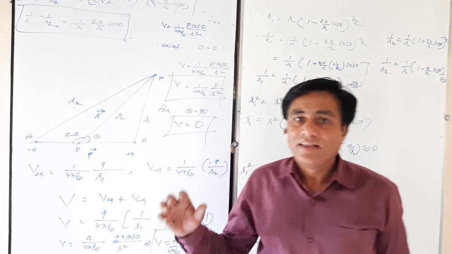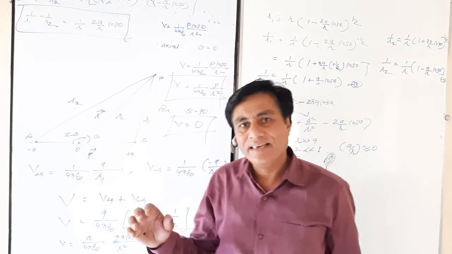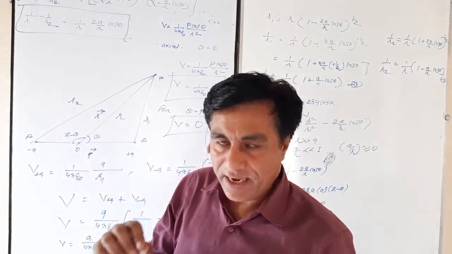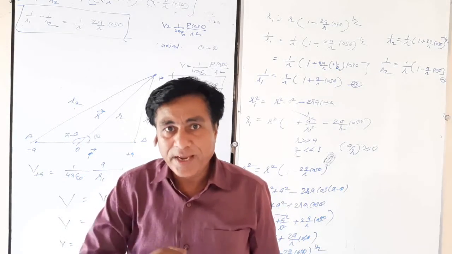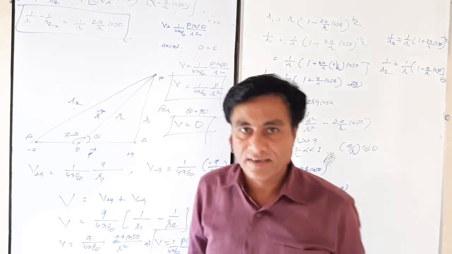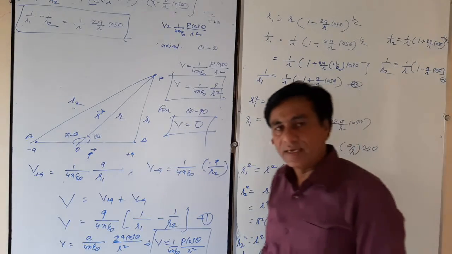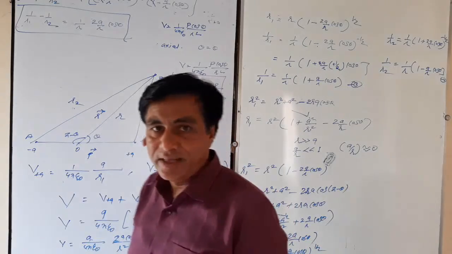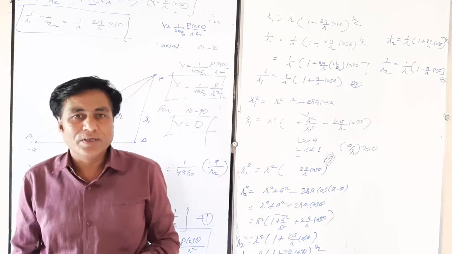At axial, theta can be taken as 0 degrees. Angle theta is the angle between the dipole axis vector p and the position vector of point P. In this way we have calculated the potential in an electric field. Potential, what do you mean by potential?